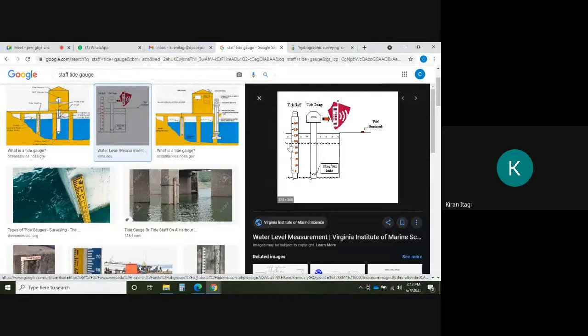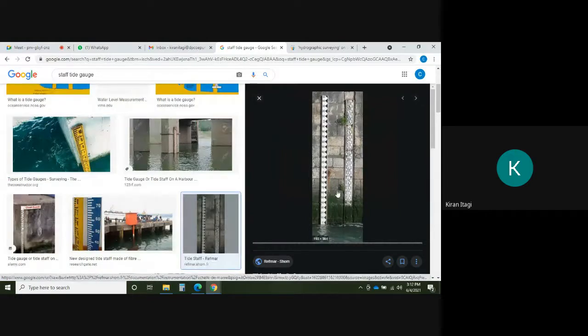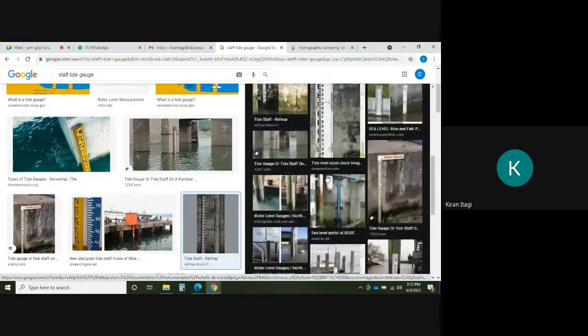At normal time it will say it is 100. During the tides there will be higher waves. So when it comes and hits, we will see the reading at what the water level is. So directly we will take the reading, same as how we take the water levels. Like this.